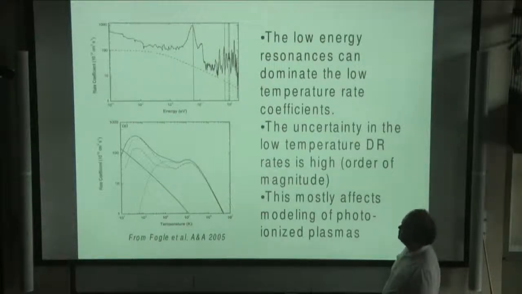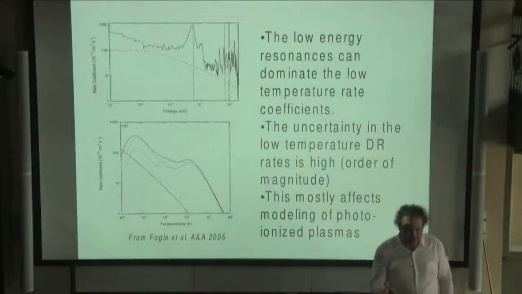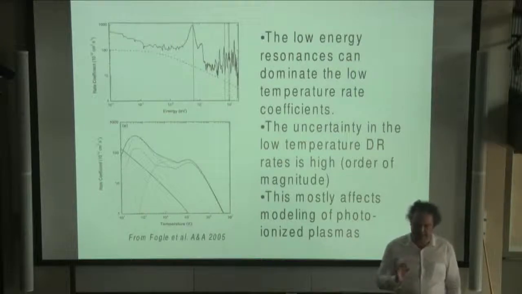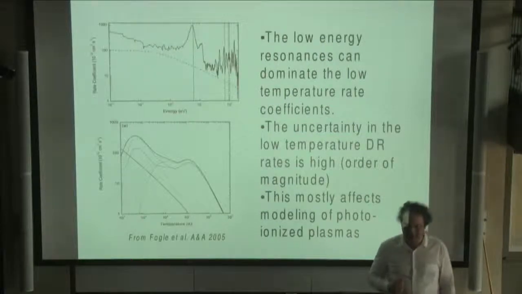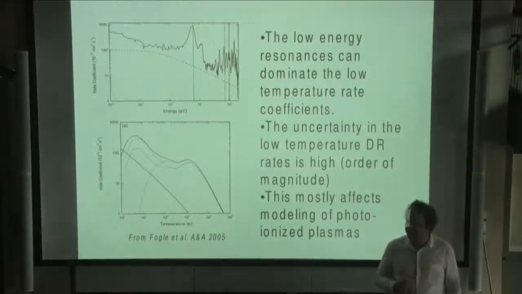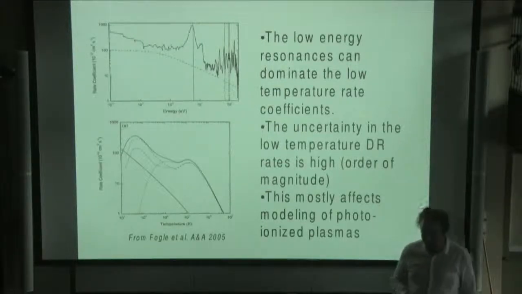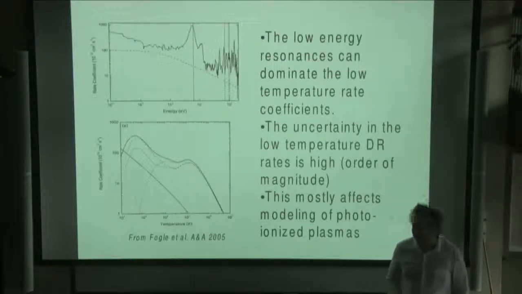Now, there's a slight caveat that I'm going to add here. Nigel Badnell and myself, I think last year, considered tungsten 20 plus, so there's a change of gear from helium-like oxygen up to tungsten 20 plus. Tungsten 20 plus in atomic physics is the worst case scenario. It's F8 ground state, so that's 192 levels just within the ground state configuration.